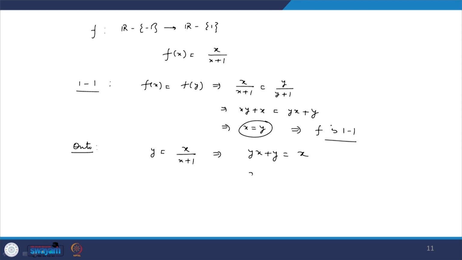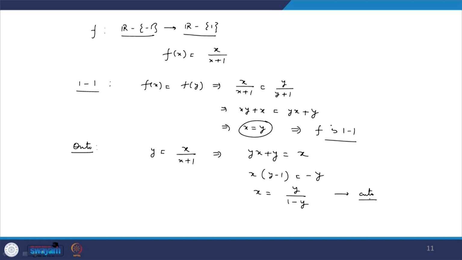Then x into (y minus 1) equals minus y, which gives x equal to y upon 1 minus y. So except 1, which is not in the codomain also, for any y in R there will exist x in R. That means for every y in this set, you will always have a pre-image here. So this function is an onto function.